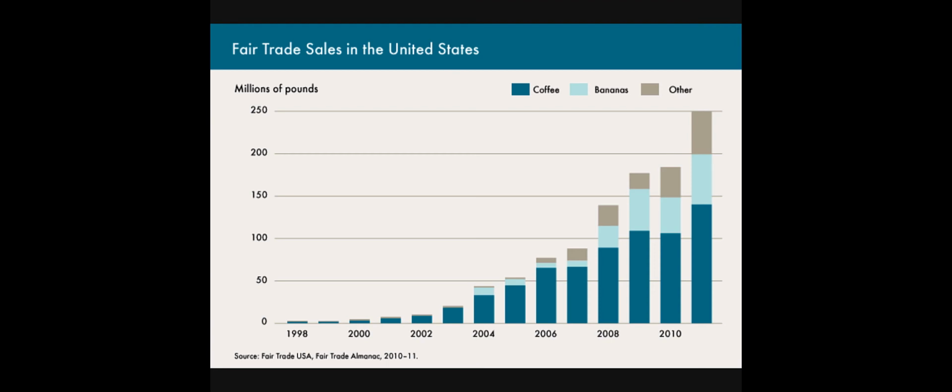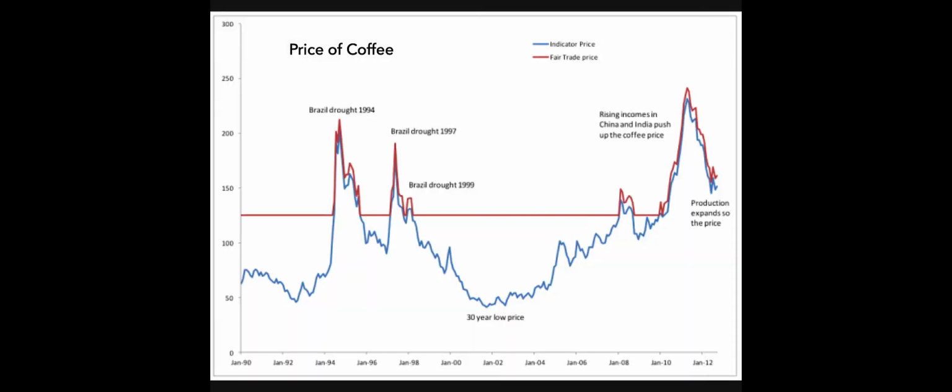So, again, another graph, and think of the colors. Fair trade coffee is increasing exponentially. We have people that are demanding more fair trade coffee, which is a great thing, while the price of coffee fluctuates, but continues to kind of increase over time, if you just look at 1990 to 2012.